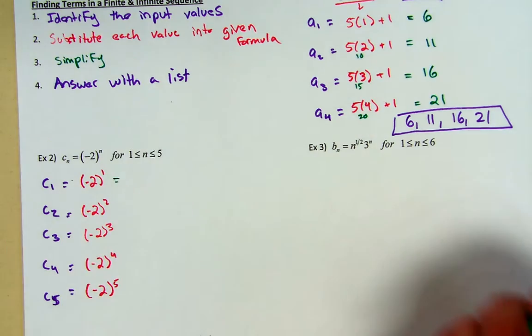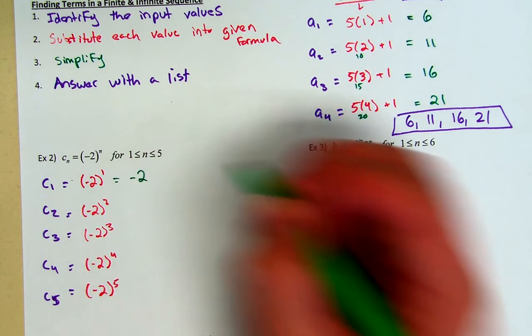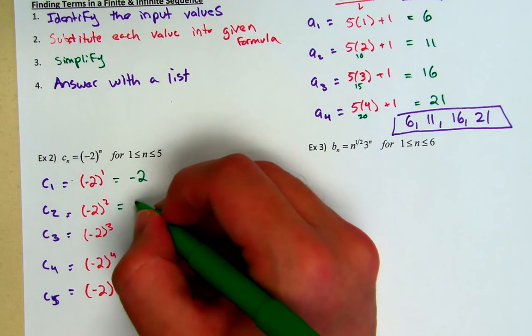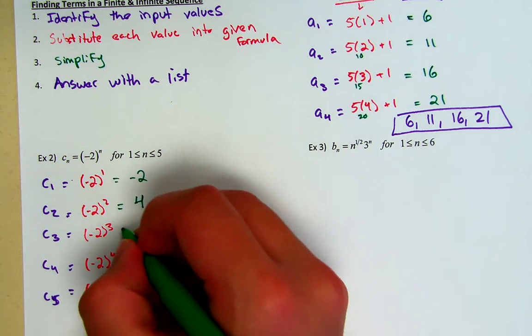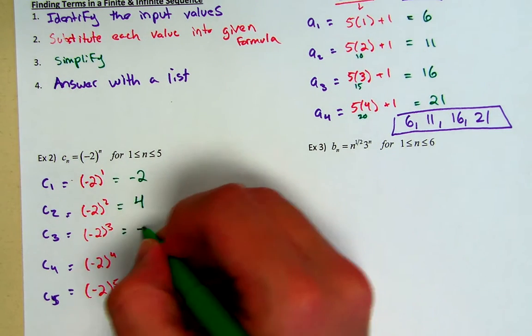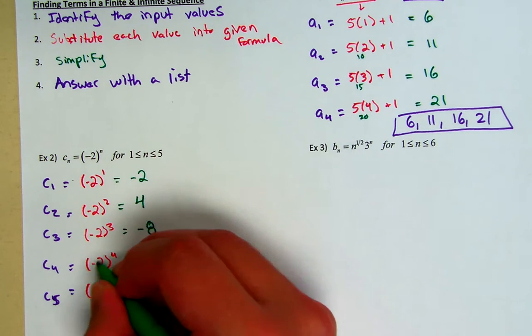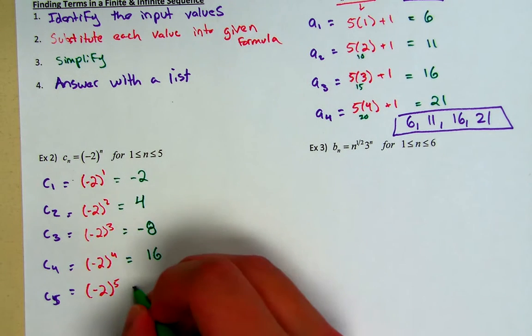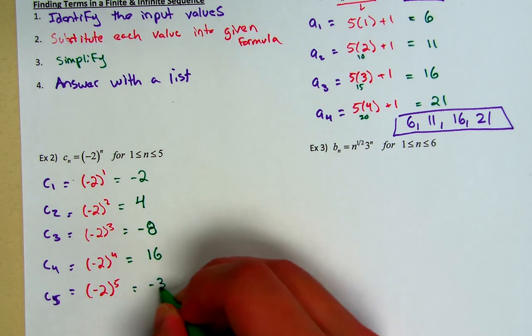Simplify. Well, -2 to the first power is just -2. -2 squared is like -2 times -2, which gives you a positive 4. -2 cubed stays negative. -2 to the fourth power becomes positive, and fifth power becomes negative.